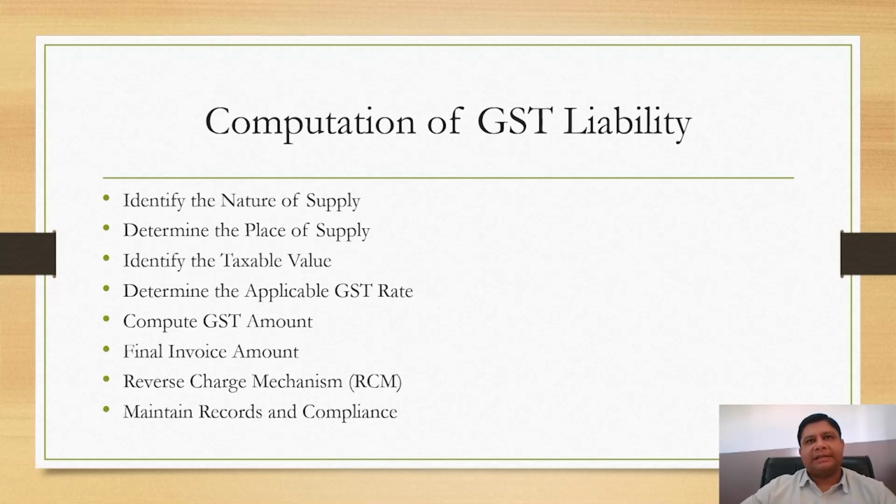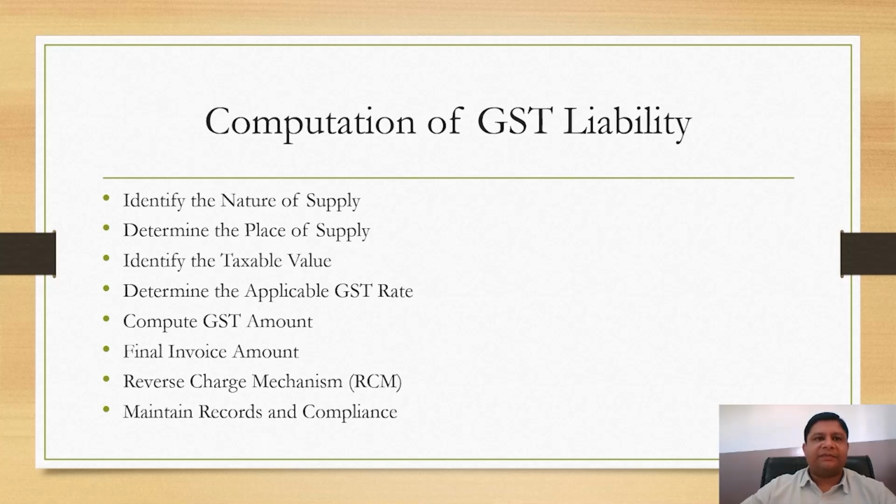It is an indirect tax levied on supply of goods and services. GST is a comprehensive and destination-based tax system introduced to replace multiple indirect taxes levied by central and state governments.